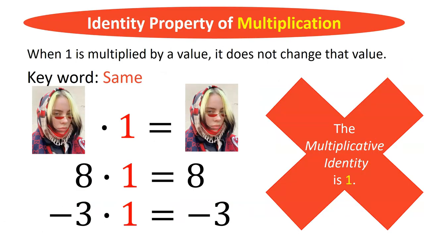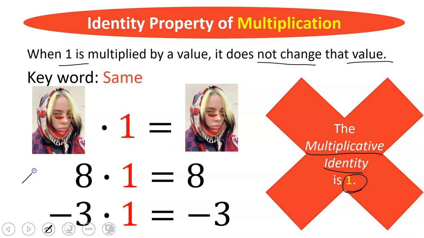Let's move on to the identity property of multiplication. When 1 is multiplied by a value, it does not change that value. So the identity property of addition was 0 because when you add 0 to a number, it doesn't change it. Well, for multiplication, the multiplicative identity is 1 because when you multiply a value by 1, it doesn't change it.